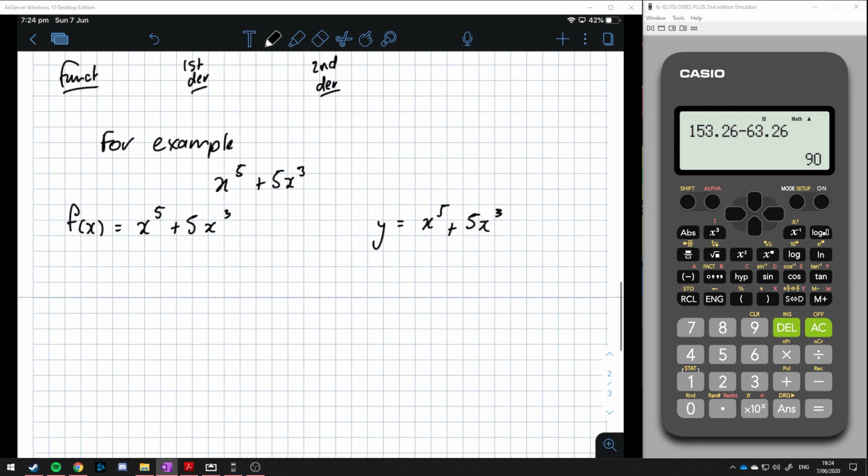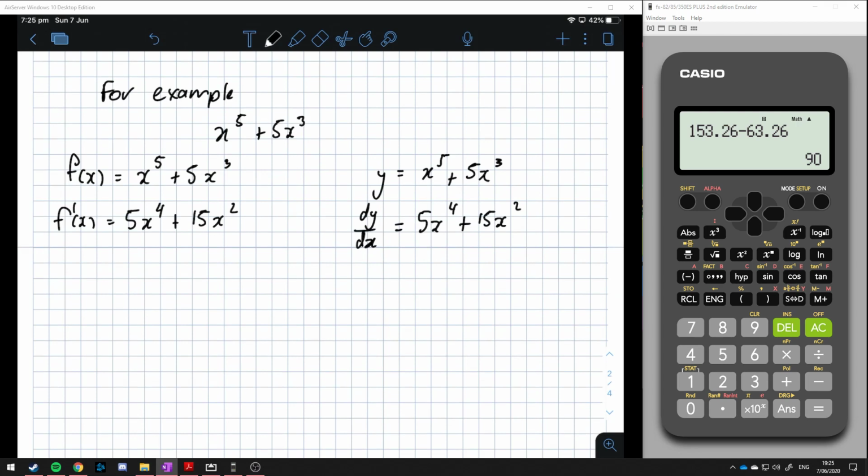Now, the first derivative, f dash of x, is equal to 5x to the power of 4 plus 15x squared, using those differentiation rules where we take the power down to the front and subtract one off the power. In our new notation, that's dy dx is equal to 5x to the power of 4 plus 15x squared.